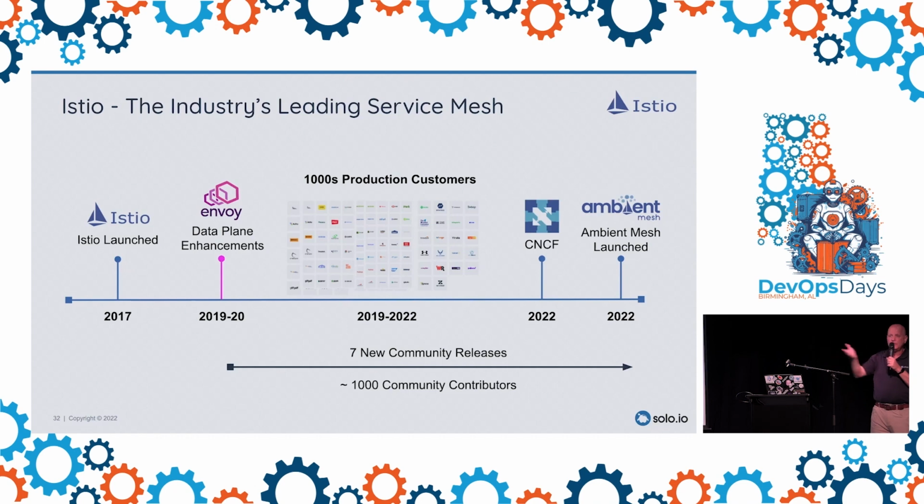Basically what happened is Google and Solo were working in parallel on very similar sorts of architectural changes, figured out that we were working on the same things, joined forces, and then contributed that to the community as a single unified offering. So Ambient Mesh comes on the heels of a lot of experience with Istio production deployments, and we'll talk a little bit about why, and then give you some experience actually using it here.